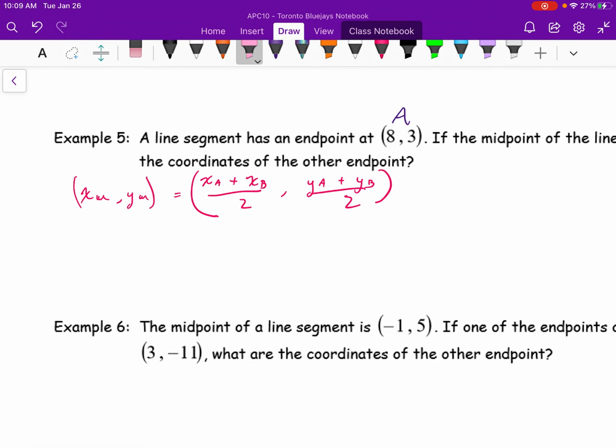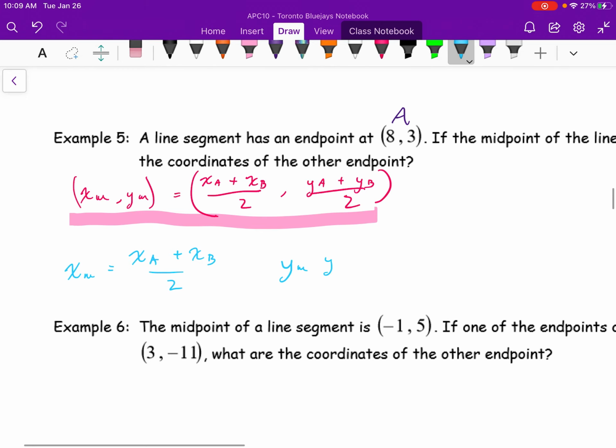And really this formula is two formulas. One is for the x coordinates: the midpoint of x is xa plus xb divided by 2. And the y midpoint is ya plus yb divided by 2.